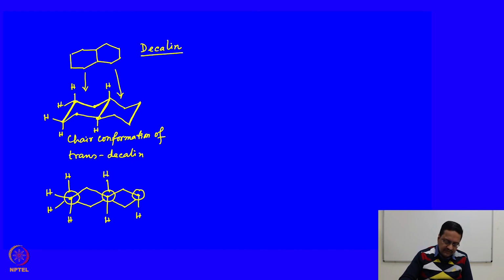So, we have these hydrogens which are here and other two hydrogens which are those. So, this is the Newman projection of trans decalin.